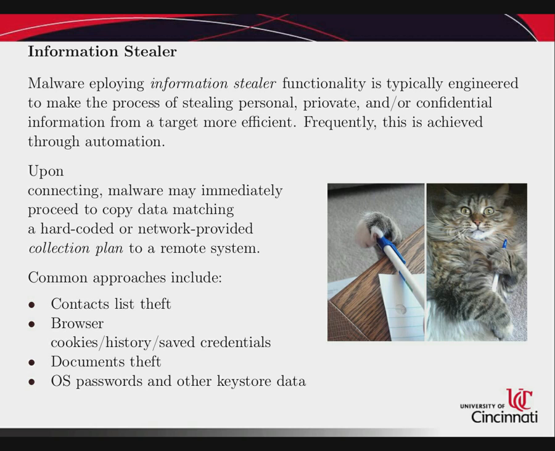So for instance, this would be malware that's automatically configured to download your entire contacts lists, especially your Outlook, your Thunderbird, your Firefox, your Jabber, your AOL Instant Messenger contacts lists. Or browser cookies, history, saved credentials.